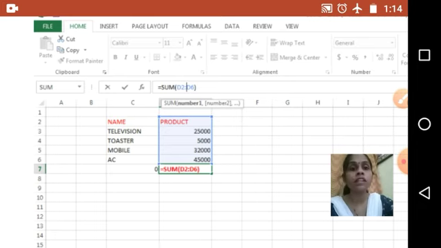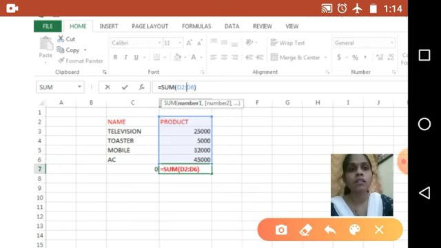The formula is equal to SUM D2 to D6, meaning this is your D2, this is your C, this is your D, and see, this is D3.